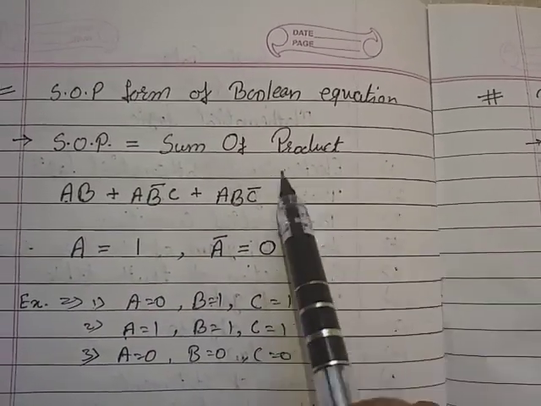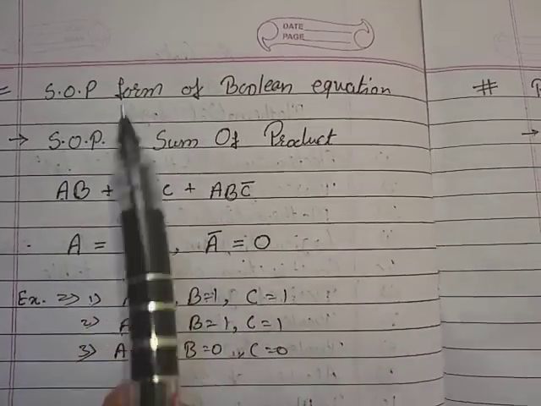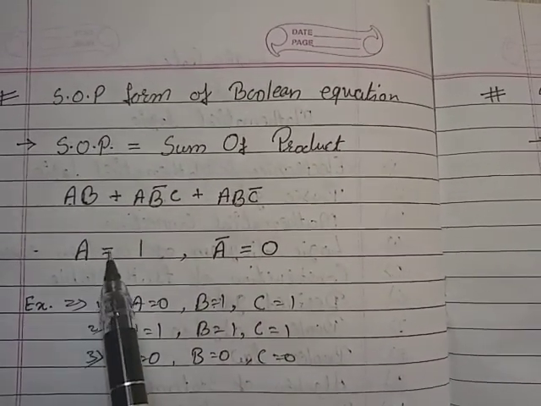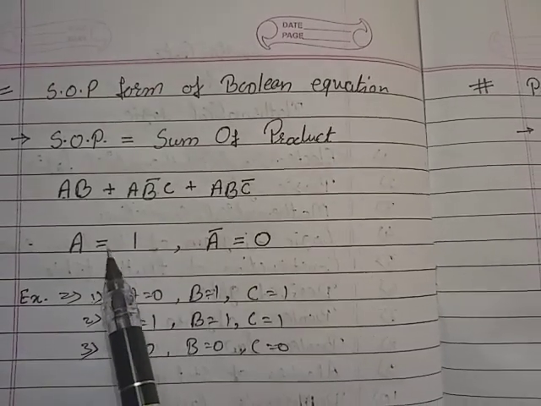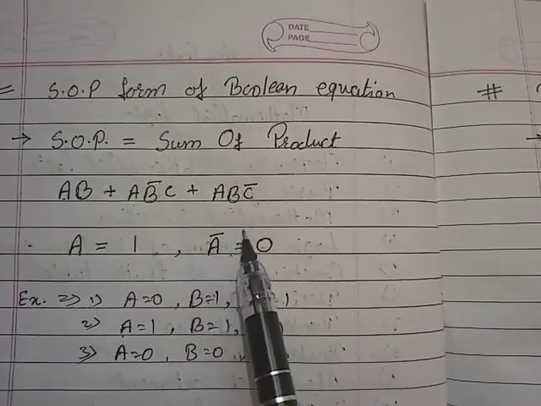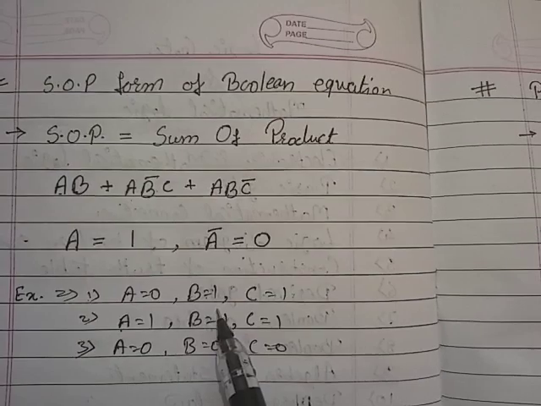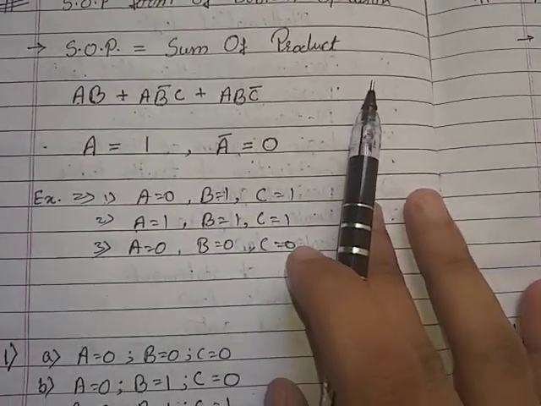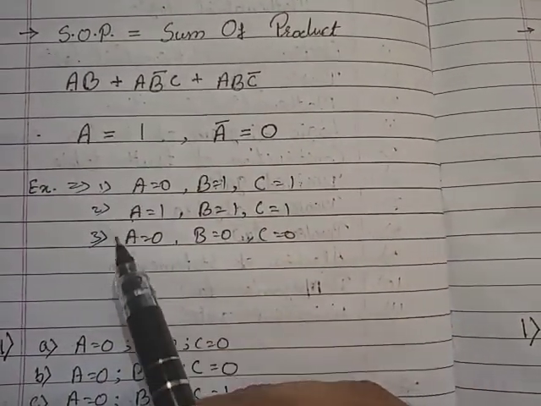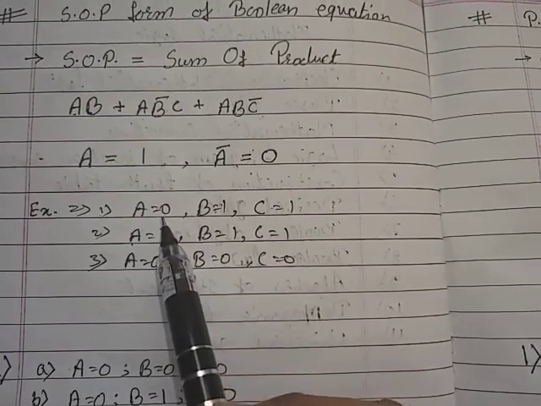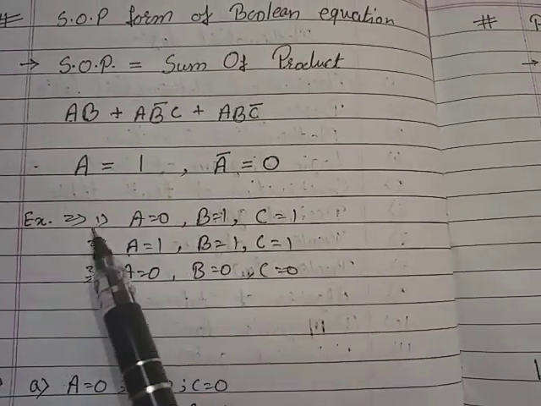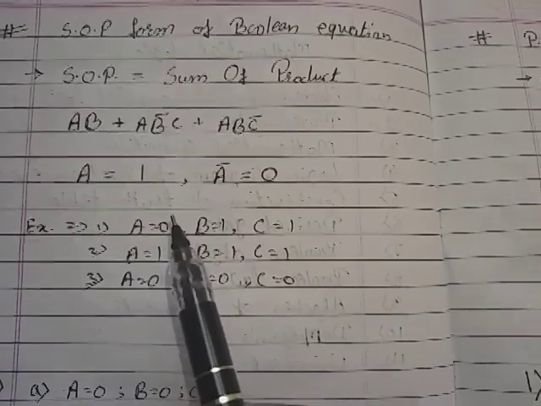Now in SOP form, 1 is equal to a and 0 is equal to a bar. For example, if we are given three conditions and want to convert them into SOP form, let's see how.